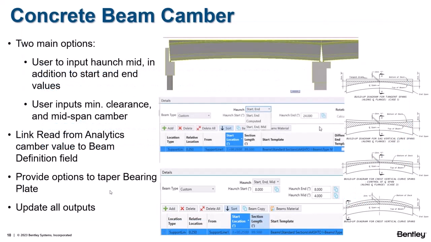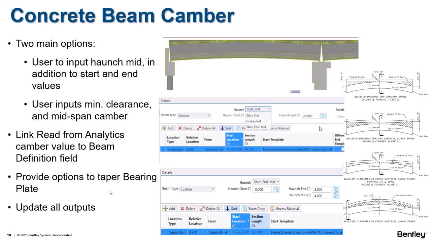So for that option we added a new method to calculate the haunch. In previous versions of OpenBridge, we have the start and end: you specify the haunch. The Australians call it the hog, right? But yeah, the haunch at the start and end. The other option that we recommended was the start, end, and the computed one, the expected camber that we wanted to apply.